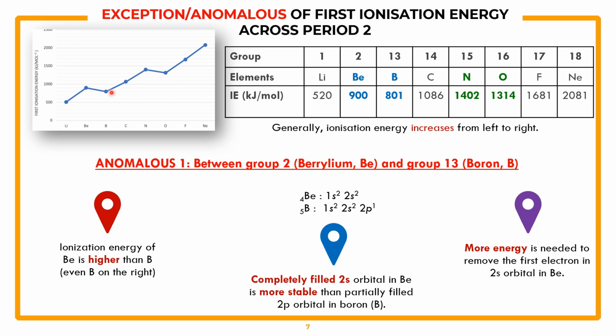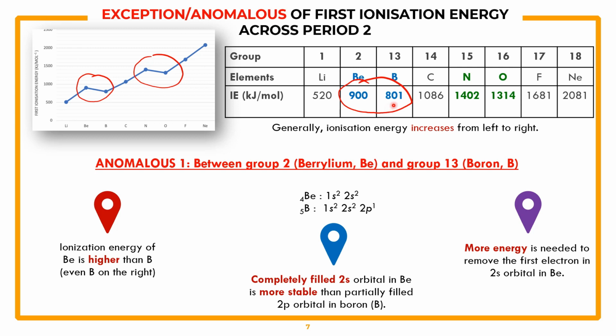Tetapi kita ada a few lekuk, a few lekuk di dalam kita punya trend di sini. So, di mana lekuk tersebut, we can see the lekuk between beryllium and boron dan juga between nitrogen and oxygen. And if you can see from this value as well, kita boleh nampak bahawa value first IE of boron is lower than the beryllium. So dia macam pelik lah kan.